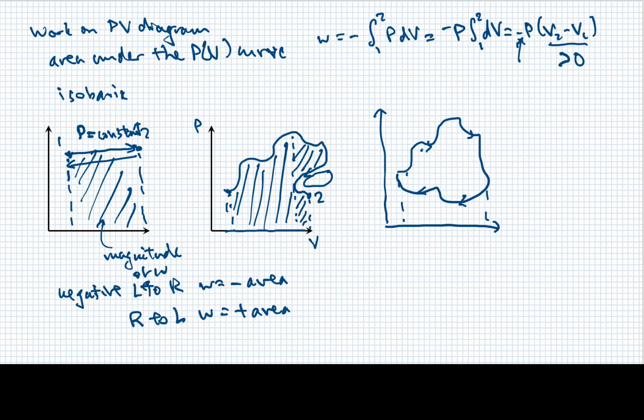So when these two cancel each other out, we find that actually the net work is equal to the area inside this, and it will end up being a negative area because the higher curve was the one going from left to right. I've probably told you more than I needed to tell you at this point, but what we can see is these PV diagrams are remarkably useful when we want to talk about different kinds of processes that are reversible, so that we can describe the path that connects the initial point to the final point.